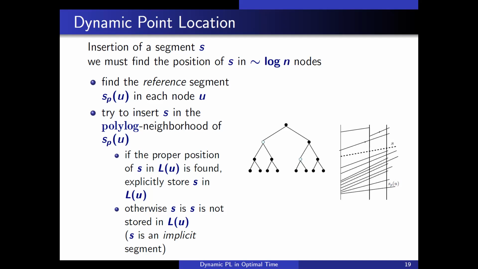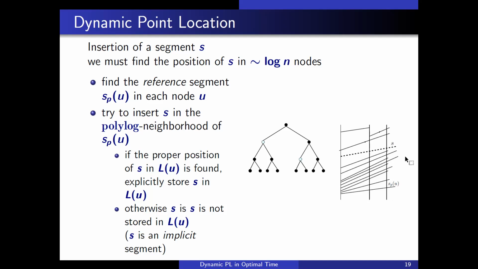But there's another situation when there's a huge number of segments between S and SP of U. Well, in this case, I'm not going to insert S into this slab at all. I will say that S is an implicit segment, it will not be stored at all in the list of segments for this node.